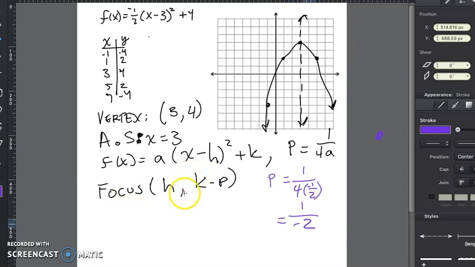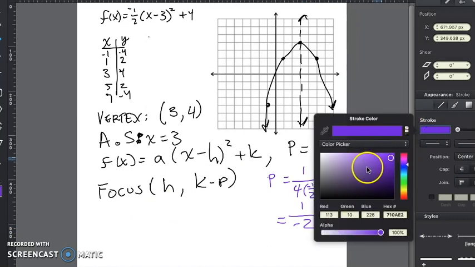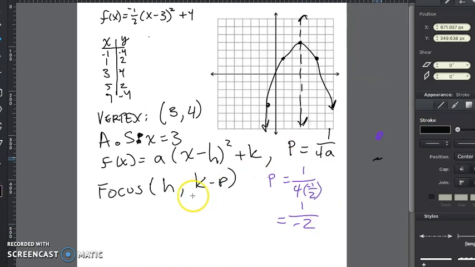Not a problem. Let's get our black pen back out. Our focus is going to be, again, our h term is 3, so 3 comma k, in this case 4 minus 1/2, or minus negative 1/2. So that's going to be 3 comma 4 and a half. Let's call it 4.5.